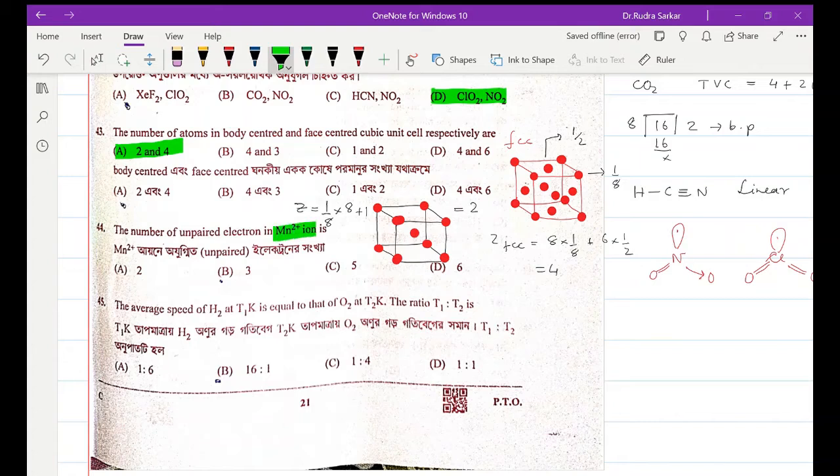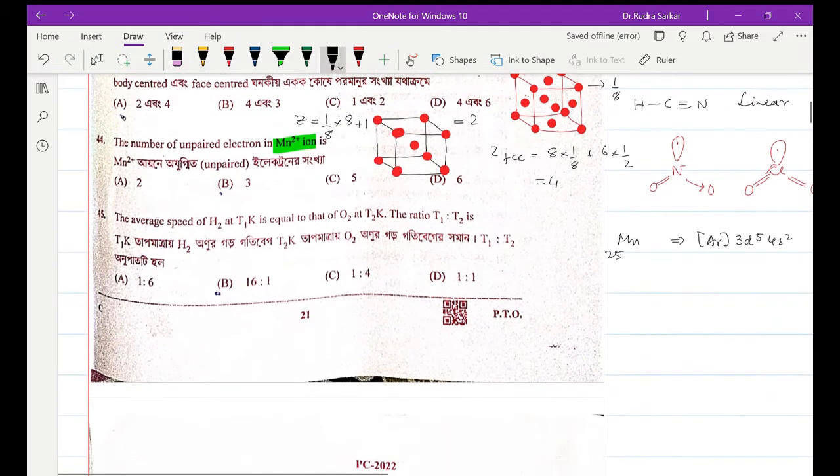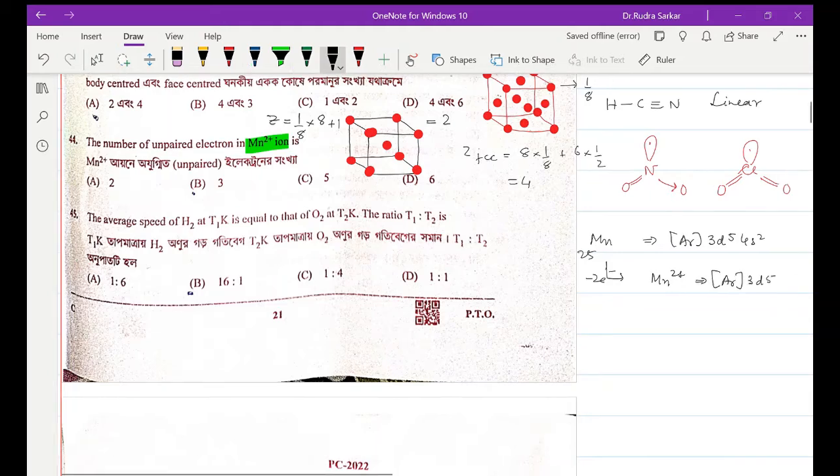Number of unpaired electrons in the Mn2+ ion. Okay, this ion. So what is the electronic configuration of Mn2+? Mn itself, which is having 25 electrons, we will say that is equal to [Ar] 3d5 4s2. Now when this loses 2 electrons, it becomes Mn2+, and that is nothing but [Ar] 3d5.